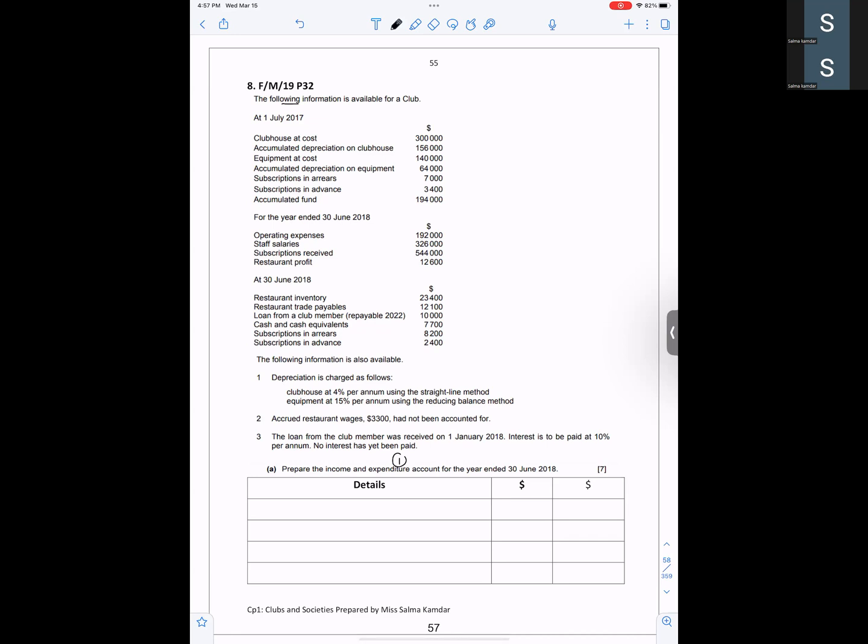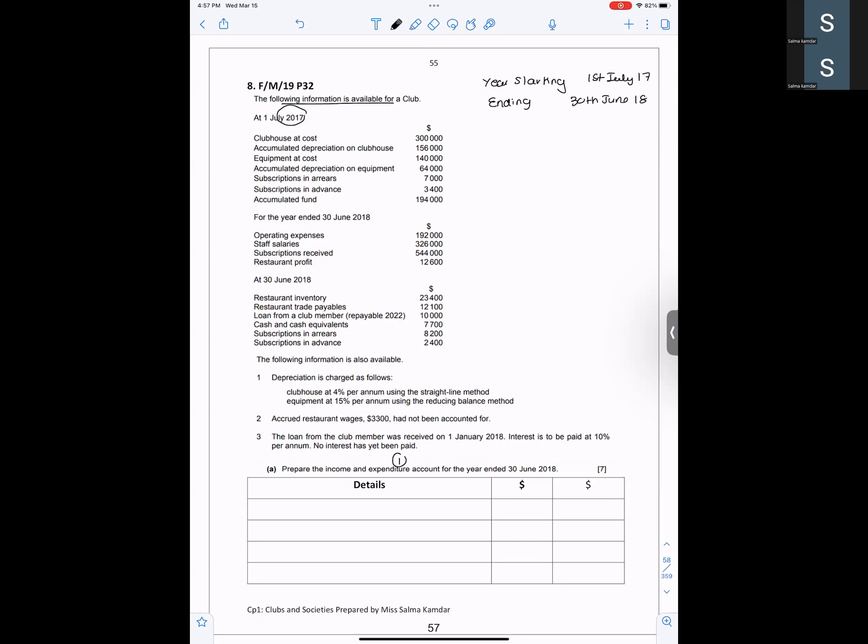So this is the information that is available to us on 1st July 2017. That means our year is starting on 1st July 2017 and the year is ending on 30th of June 2018.